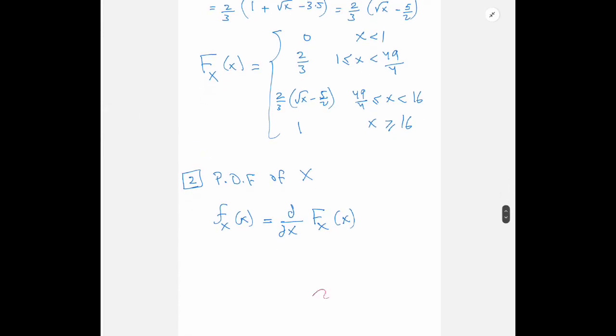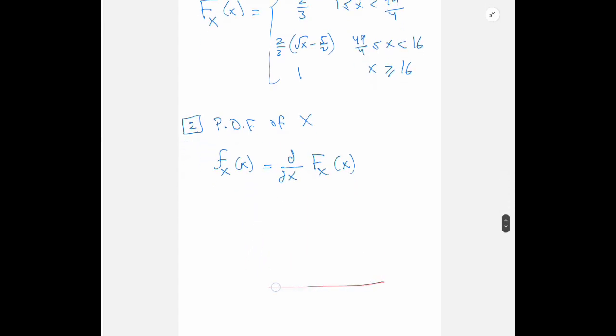If we sketch the cumulative distribution function, we see that we have these intervals: 1, 49/4, and 16. So that's x, and that's the capital F, which is the CDF.